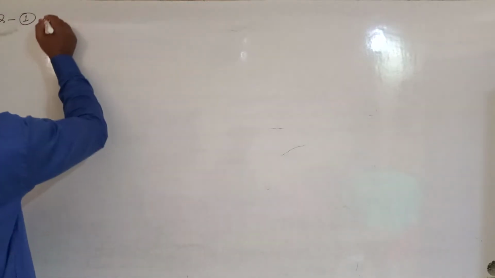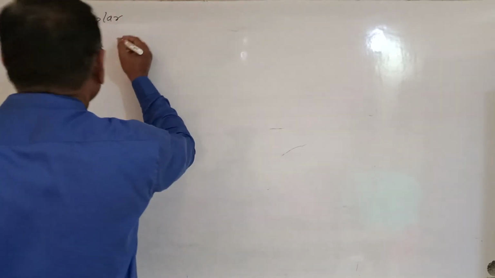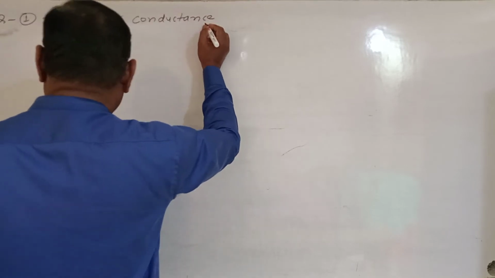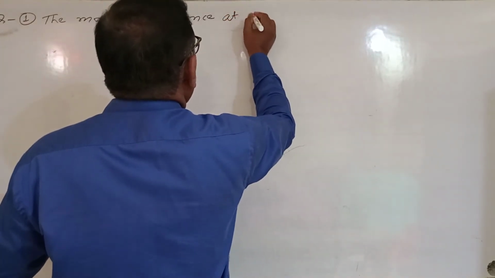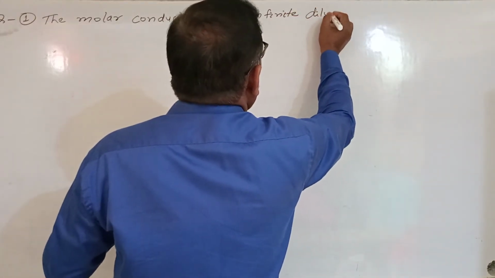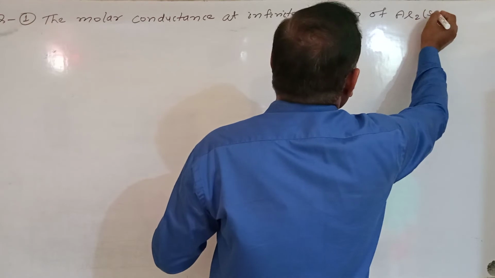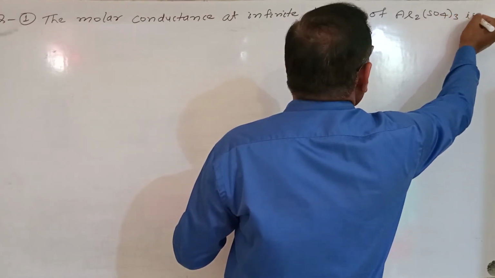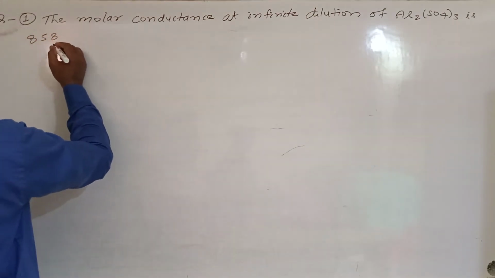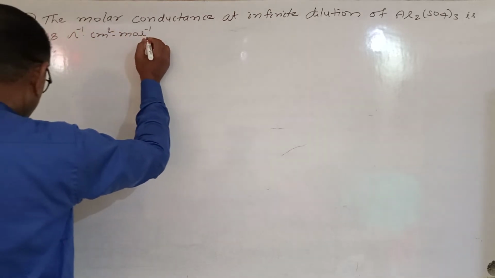The molar conductance at infinite dilution of aluminum sulfate is 858 ohm inverse cm square mole inverse.